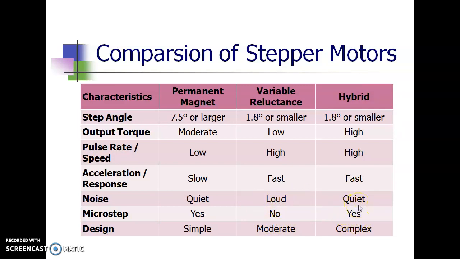For the design, PM motors, that is permanent magnet motors, are simple, variable reluctance are moderate, and hybrids are complex. So we discussed so far the three types of stepper motors and how we can reduce the step angle by using half stepping or microstepping methods.